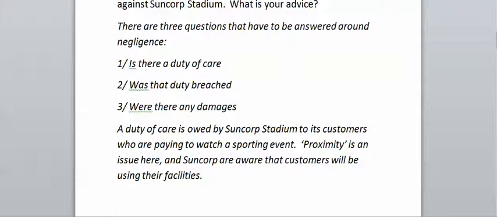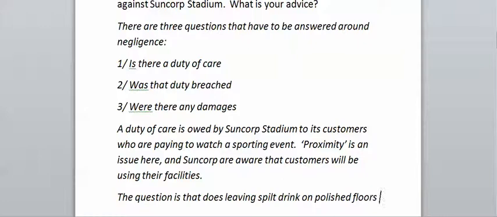Now, the question is, was there a breach of the duty of care? So let's go back to that. The question is, on polished wooden stairs, does that equate to a breach? We have to think about what issues might be at play here. And you could argue this both ways.